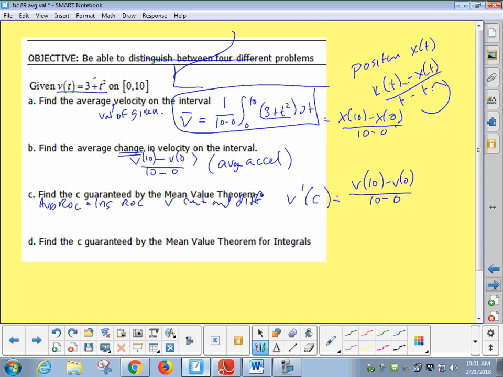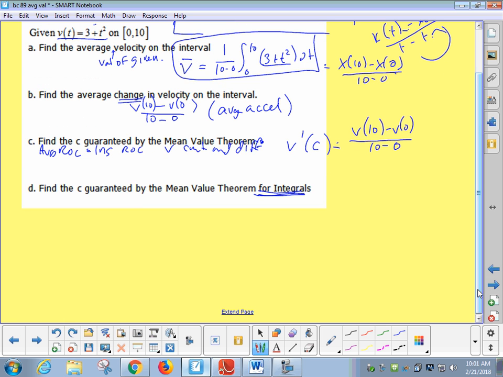But if they said, find the C guaranteed by the mean value theorem for integrals, read carefully, please. You're going to go the wrong way if you don't read super carefully. Mean value theorem for integrals, then it's more of this idea, not F so much, but V at C equals 1 over 10 minus 0 times the integral, for this problem. And when you solve this, are you looking for a V or a C?